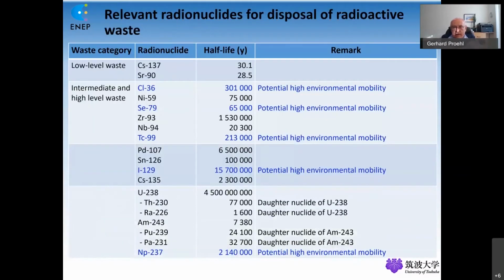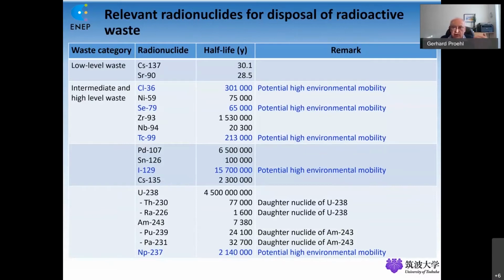First of all, let me present some information on the radionuclides which are potentially relevant for the disposal of radioactive waste. Usually these are long-lived or very long-lived radionuclides, and most of these radionuclides are not well known because they are so long-lived.